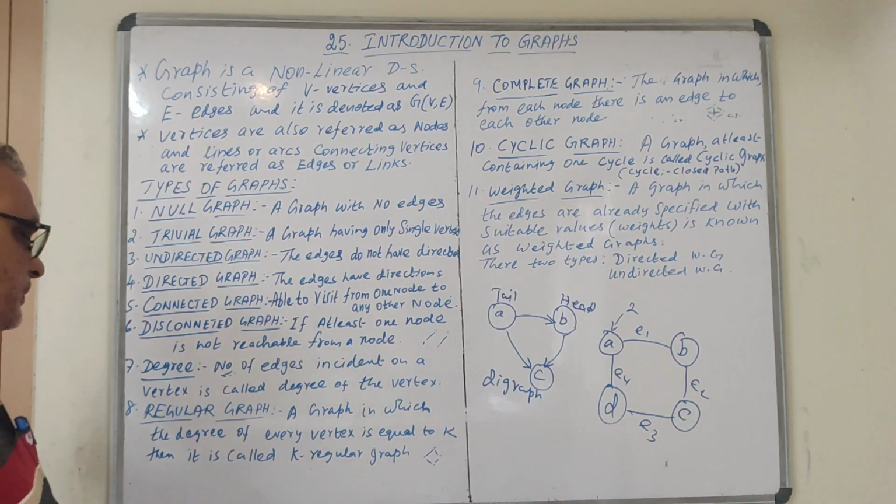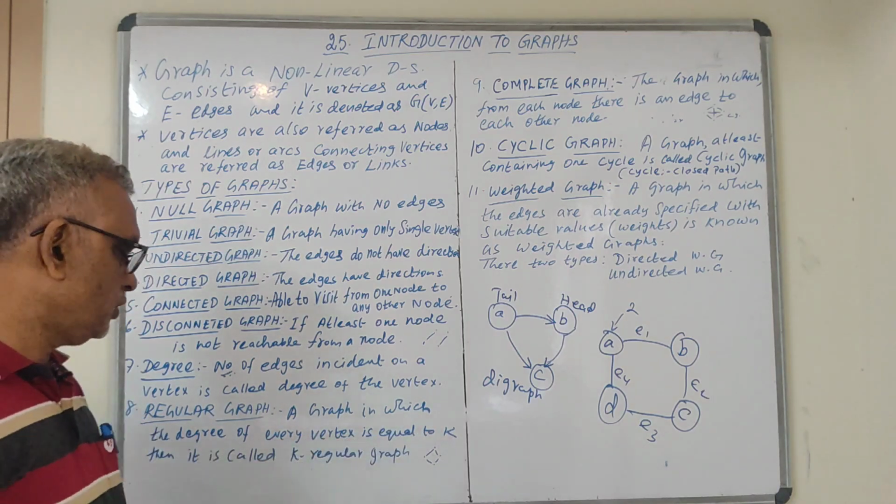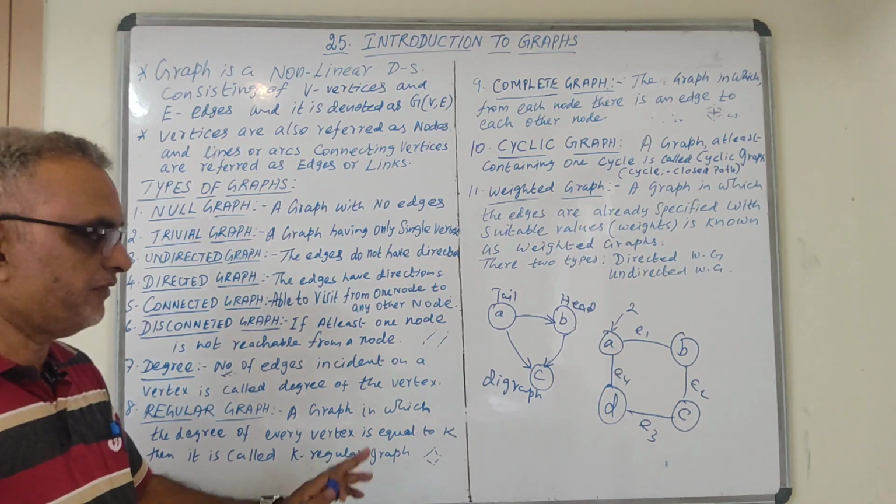The next one is regular graph. A graph in which the degree of every vertex is equal to k is called a k-regular graph.